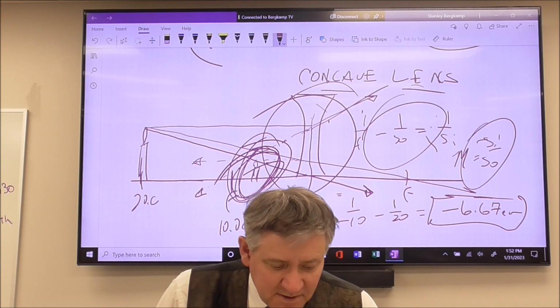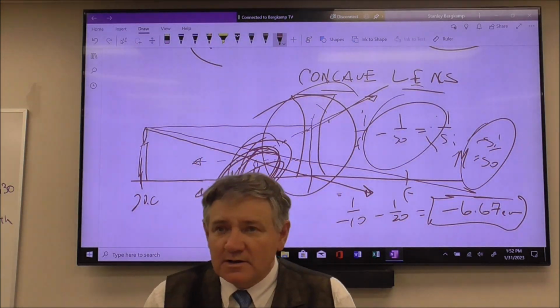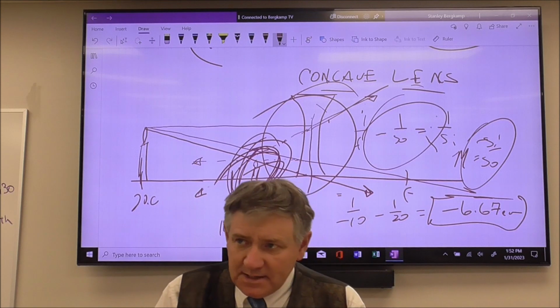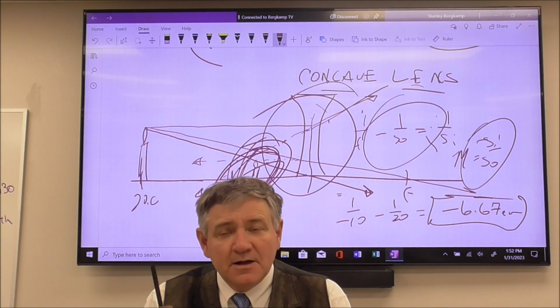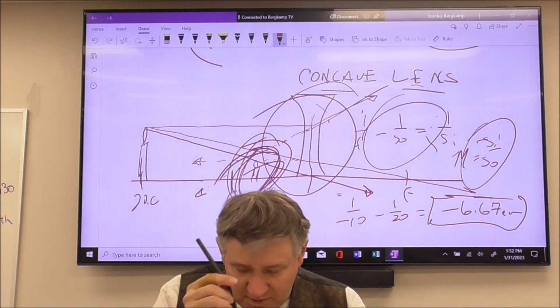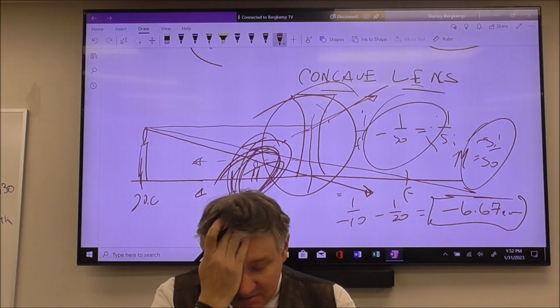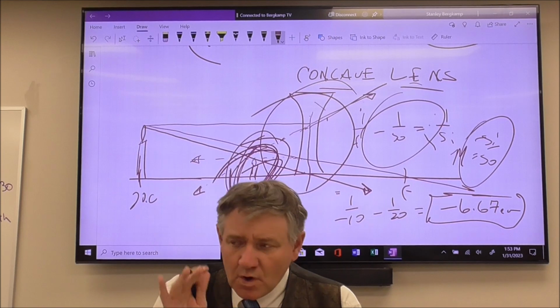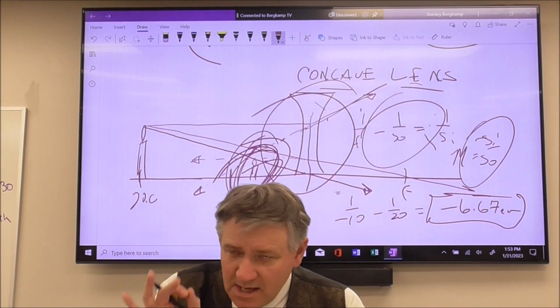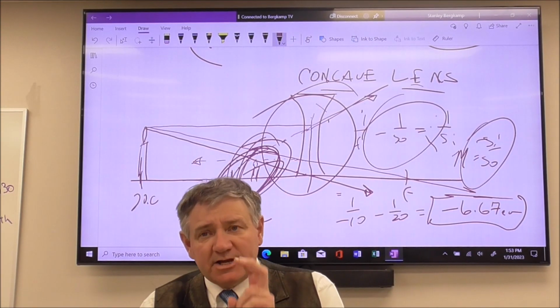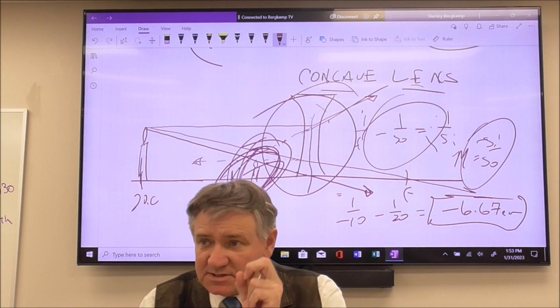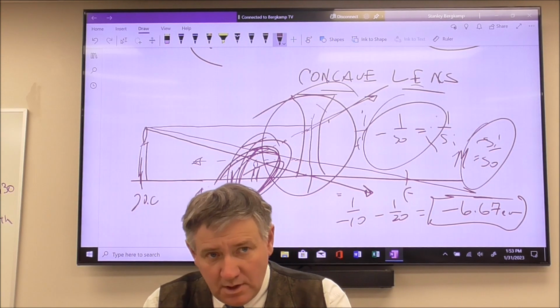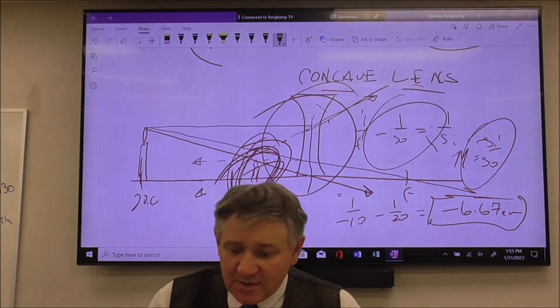Now, let's talk about number 3. When you have a concave mirror, and this is what you're going to do in the lab today, today's lab is going to be on mirrors. When you have a concave mirror, it can produce two different images depending upon where you are relative to the focal length.